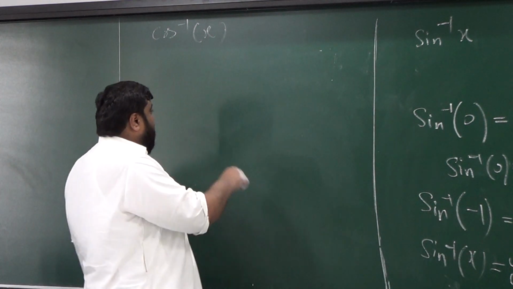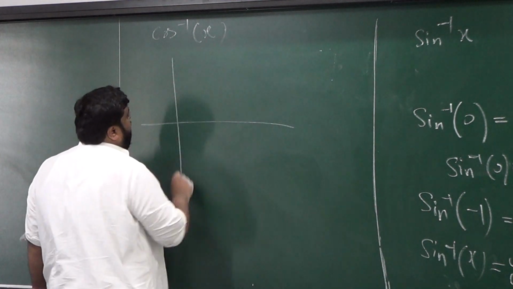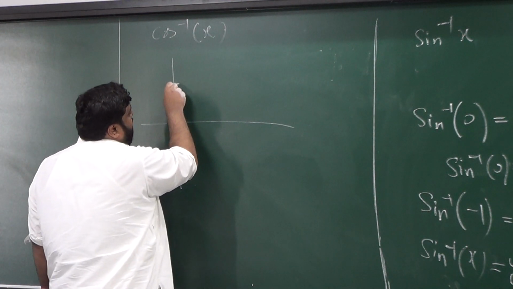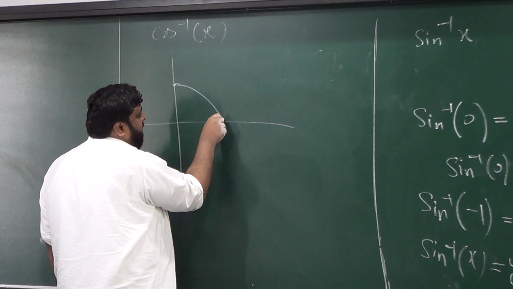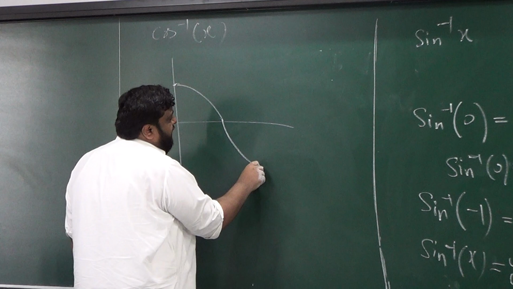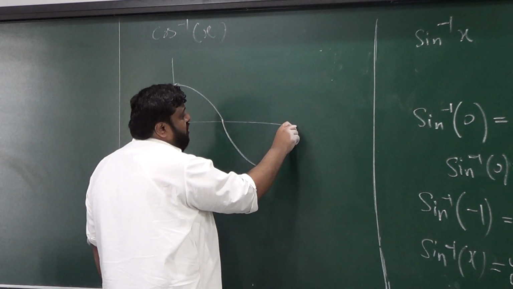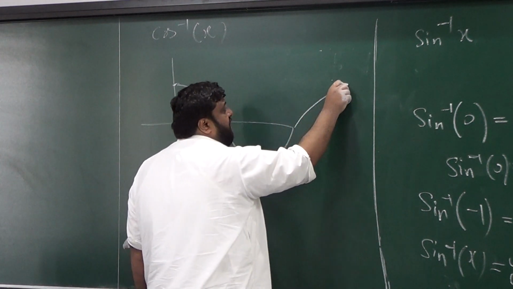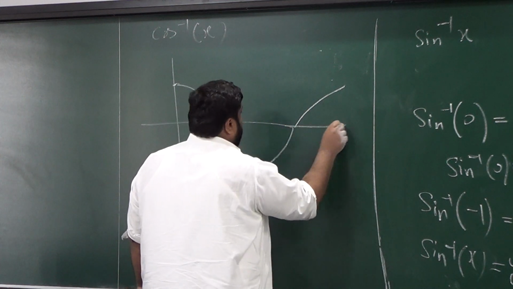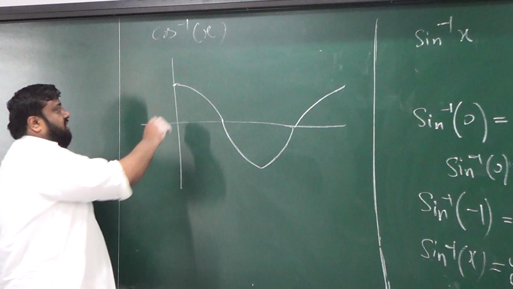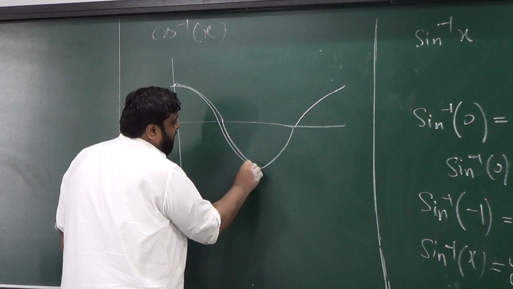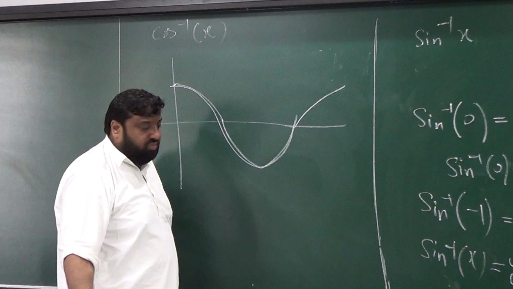For cosine, we know that it starts from 1, goes to 0 at pi by 2, goes to negative 1 at pi, goes to 0 at 3 pi by 2, and goes back to 1 at 2 pi. So this goes like that actually. I think we can make a smooth curve.